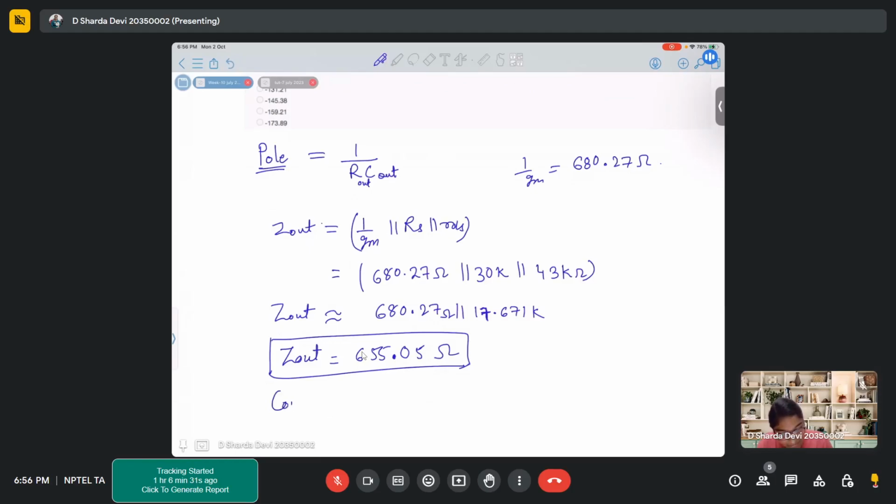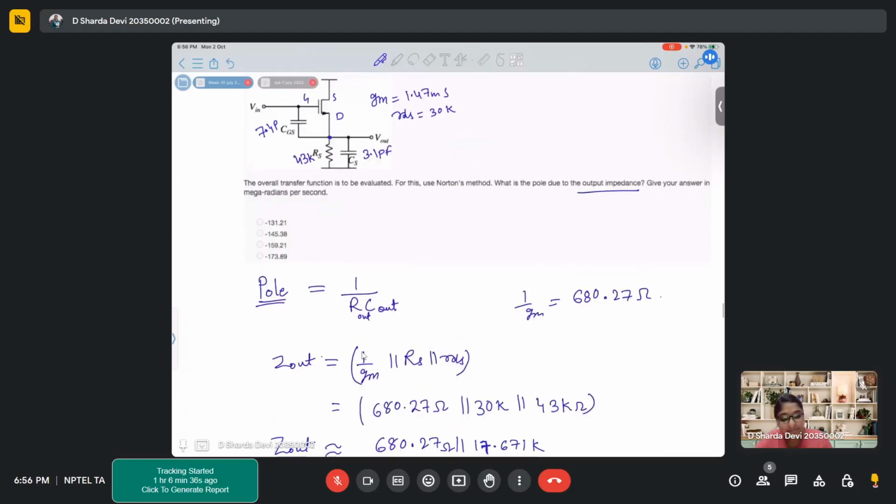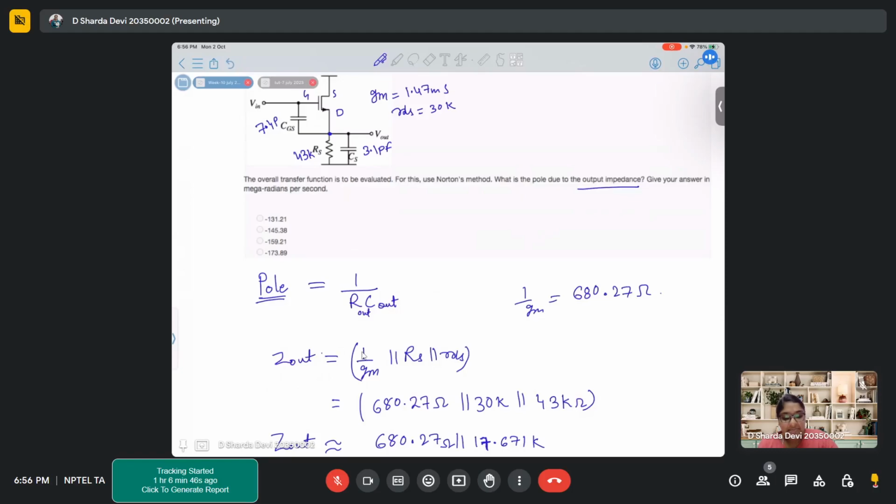Now, similarly, we have to calculate C out. So what is the C out that we will see? One is the CS that already is there. So CS parallel to this. CGS will be a Miller capacitance, so we will get one part in the input and the other part in the output.